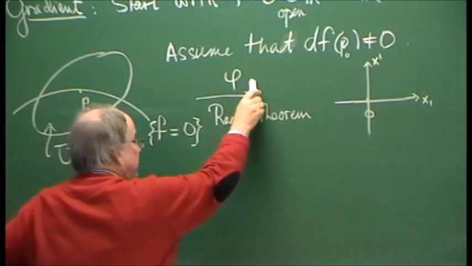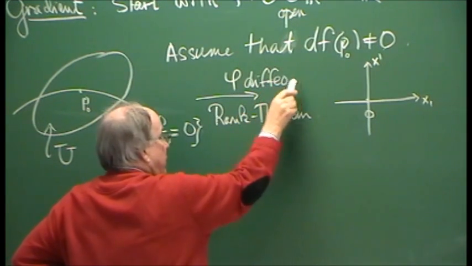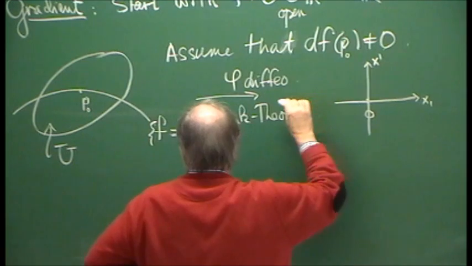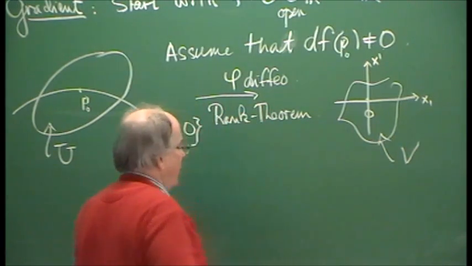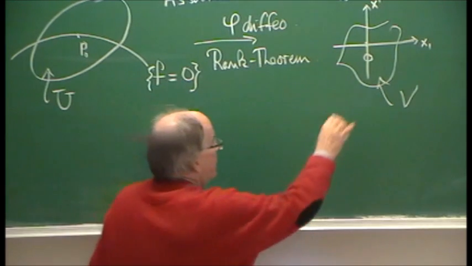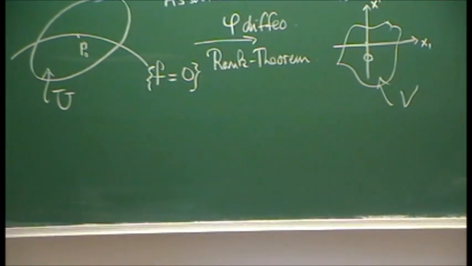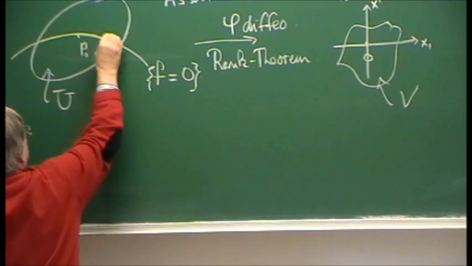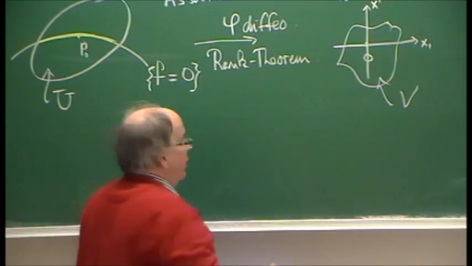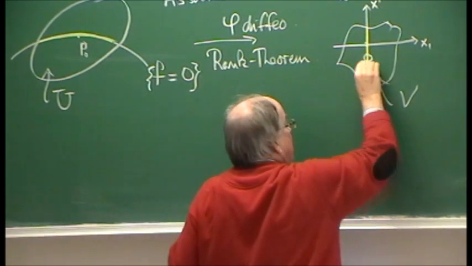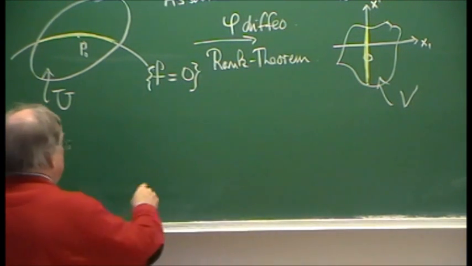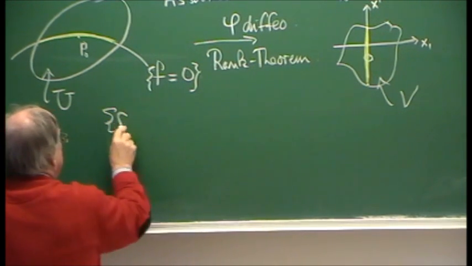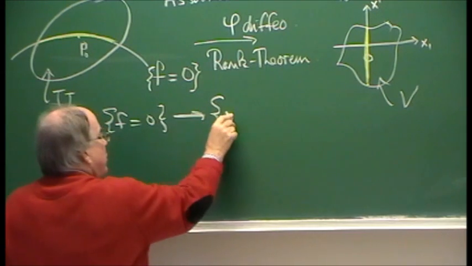So there's a diffeomorphism that maps U onto some set V, perhaps after shrinking, so that the original submanifold f equals 0, which was here in U, is mapped onto x1 equals 0.